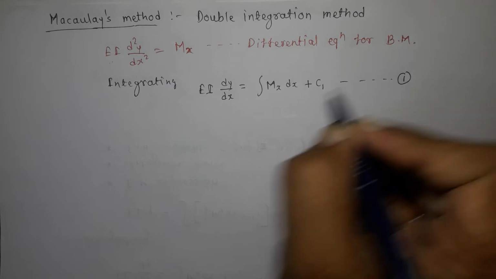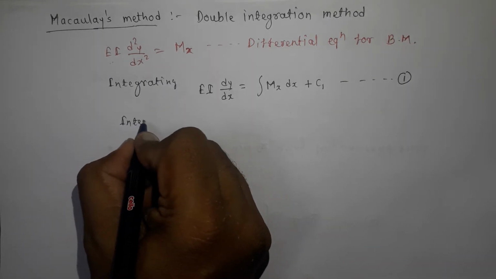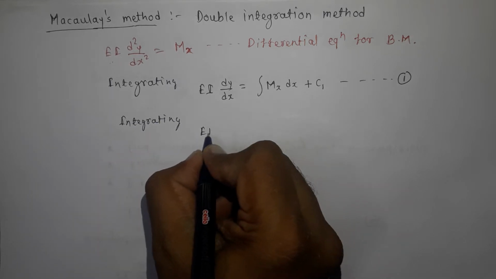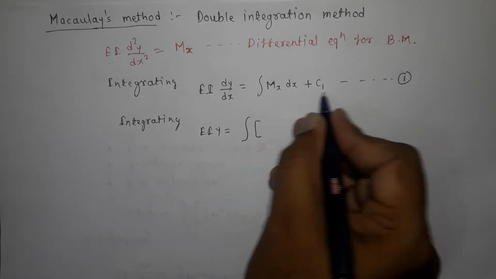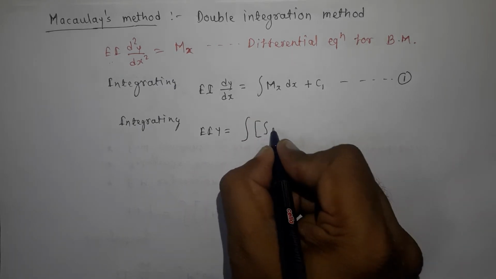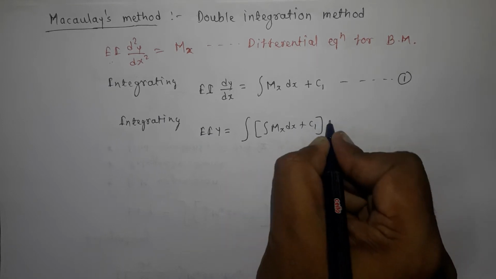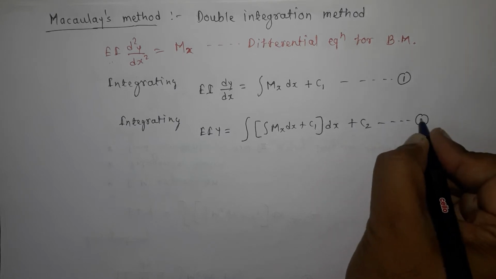Let it be equation number 1. Then again we integrate it. So integrating again, we get the equation as EI into y is equal to the integration of this entire term on the right hand side, integration of Mx dx plus c1 into dx plus this second constant of integration c2.